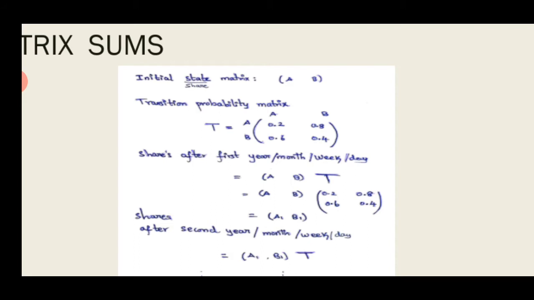So share means what? For example, if two particular mobile phones are occupying the market, for example, we have Redmi and Samsung. So in the market, suppose Redmi occupies 60 percent of the sale, and Samsung occupies 40 percent of the sale, and that is given as the initial state matrix.